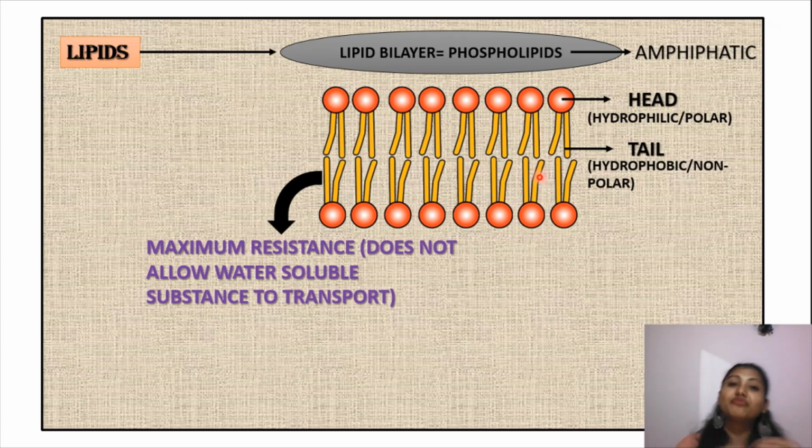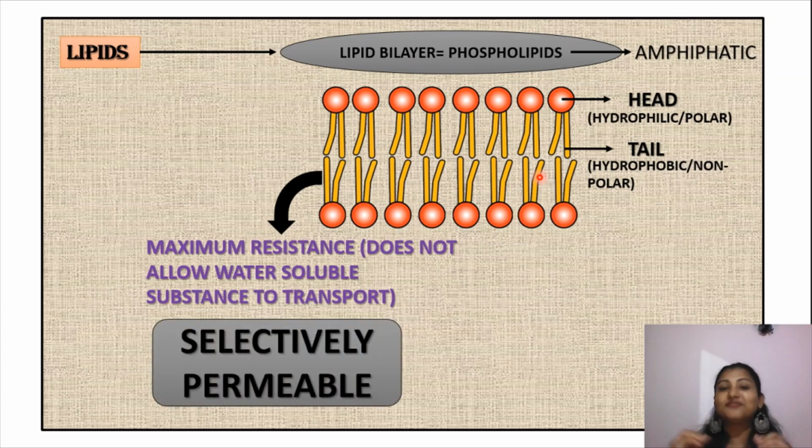Unnecessary passing of molecules, and water molecules sometimes, is not good for the cell. So the tail part completely takes care of that. And therefore we say that the cell membrane is selectively permeable. Very important term to remember.